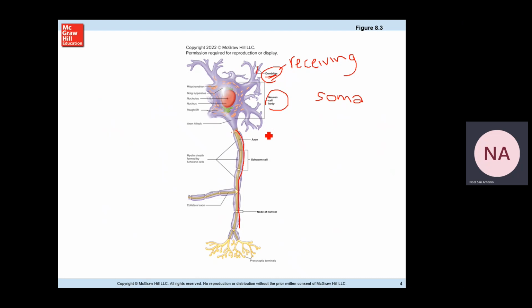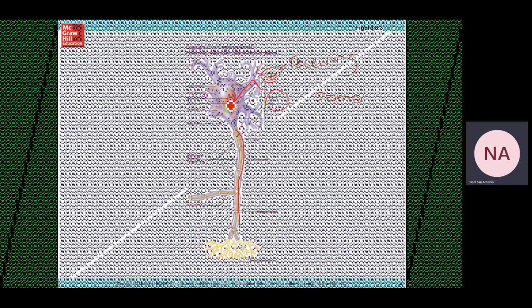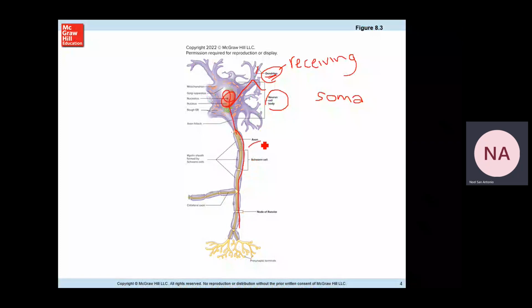And that is the reason why there are numerous dendrites arising from a neuron, in order for it to be effective in receiving action potentials from neighboring neurons. Now, once it has received an action potential from a neighboring neuron, that impulse will be passed on to the cell body for processing before it is conducted to the other projection, which is your axon.